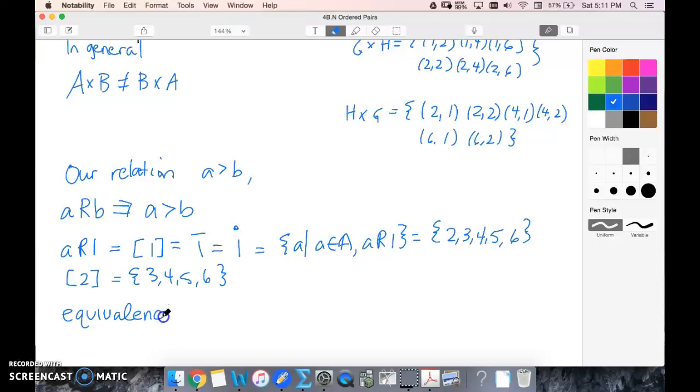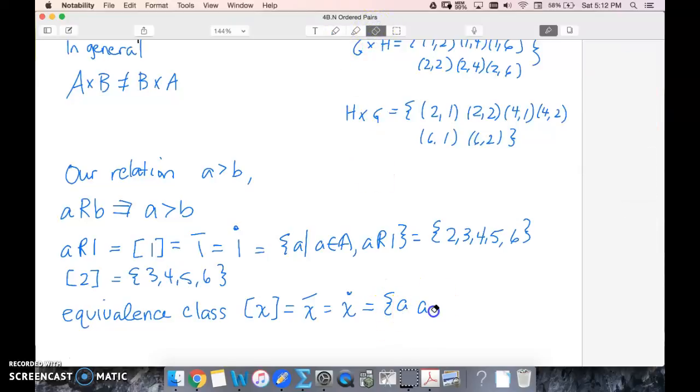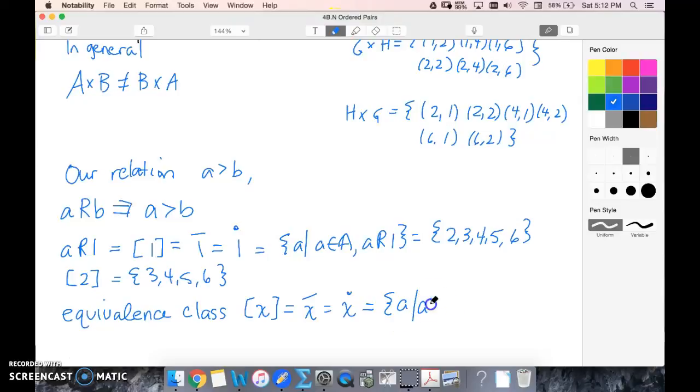So the equivalence class of x, or we could use these other notations, x bar, x dot, those are all going to be the set of a values where a is an element of A, such that a is related to x. So it's basically going through our set, fixing the second coordinate, and finding all of the first coordinates that are possible.